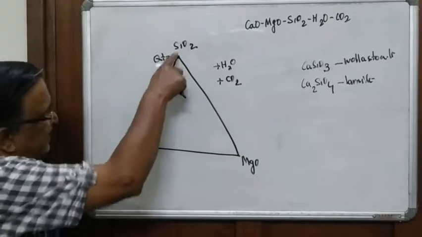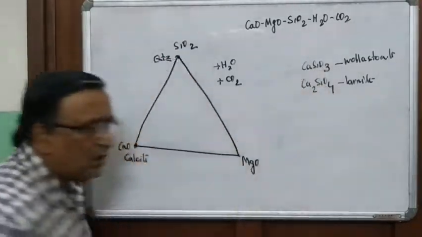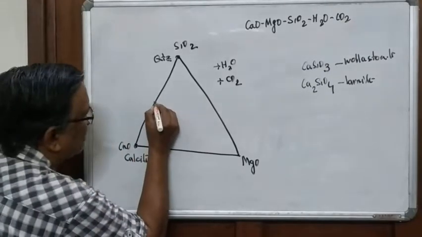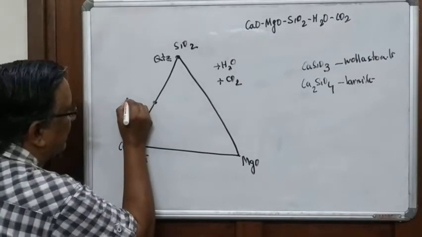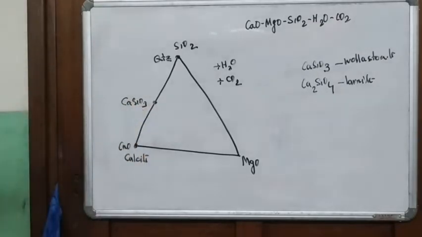If I take this as SiO2 and this is CaO, 1 mole of CaO plus 1 mole of SiO2, so we have wollastonite at the 50% line. This is the plotting position of CaSiO3.